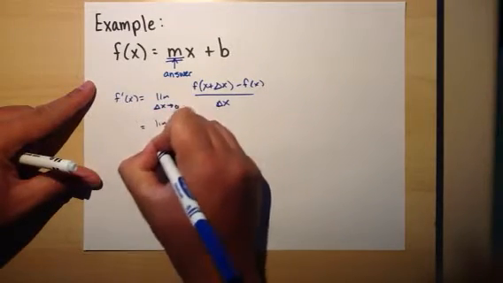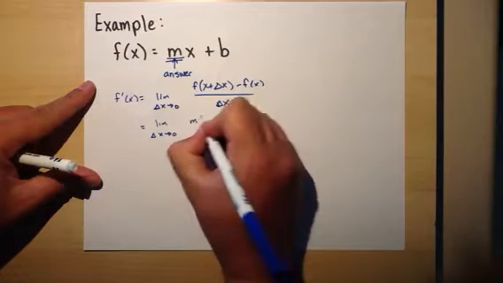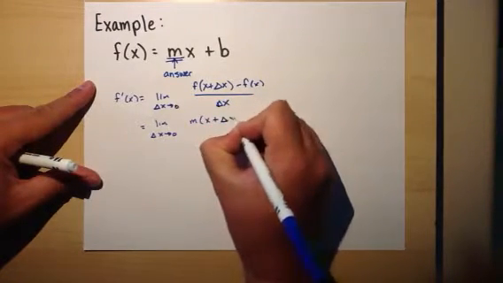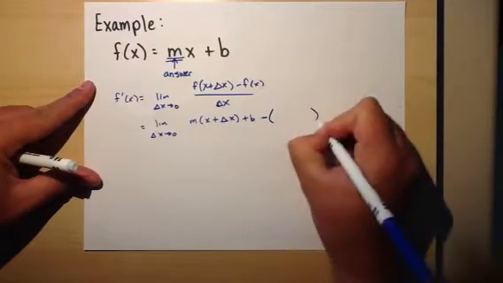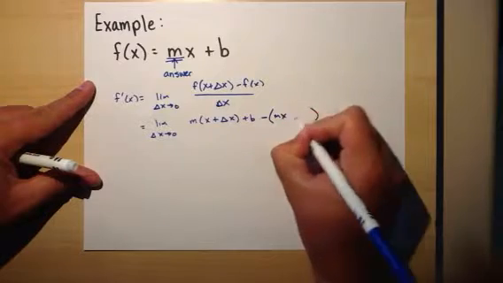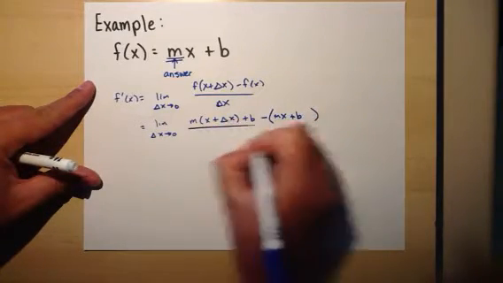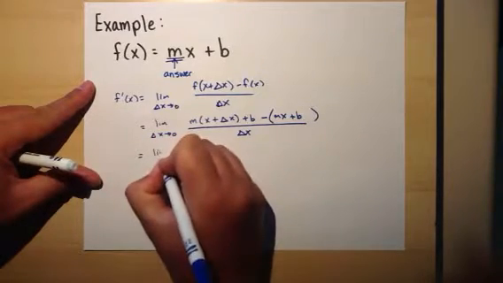So the limit as delta x approaches 0 of m times the quantity x plus delta x plus b minus parentheses, okay, minus the whole function f of x. If you don't do those parentheses, things don't go away, and you should catch your mistake at that point.